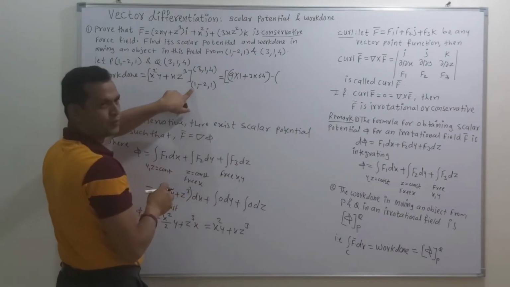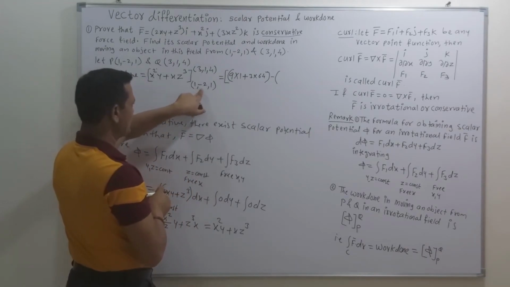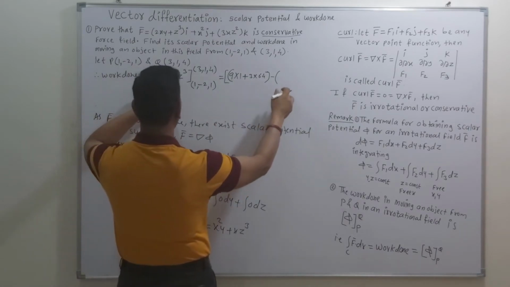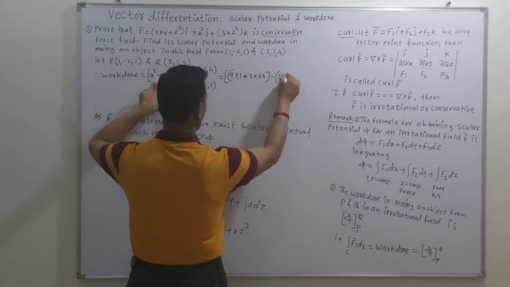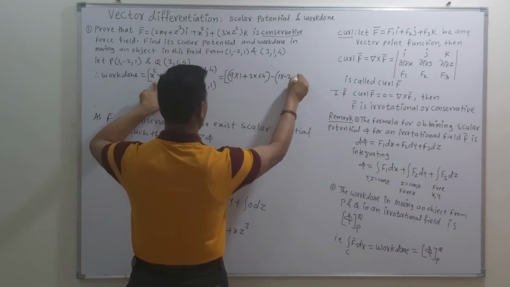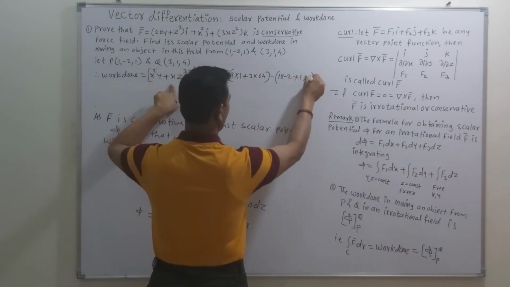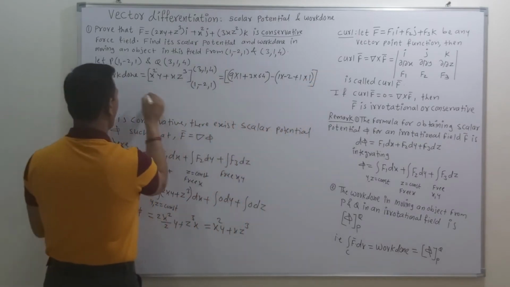Again put the values x is equal to 1, y is equal to minus 2 and z is equal to 1 in this equation. So we get 1 into minus 2, then plus 1 into 1 cube, which is 1. So now just find the value of this term.